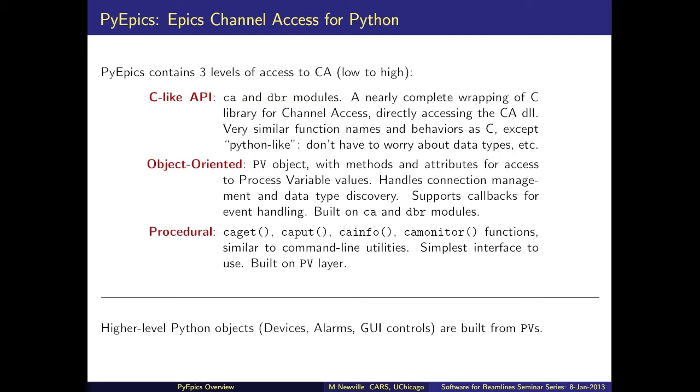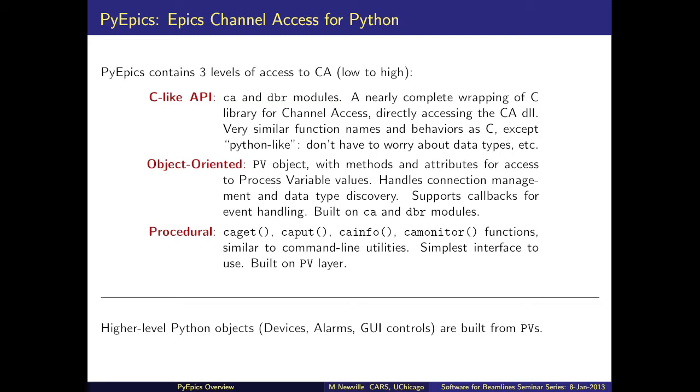On top of that is built a PV object, so that you have an object-oriented, more Pythonic view, where you have a process variable that has methods and attributes and is fairly easy to use. If you're doing any significant programming with Python and channel access, the PV is the right way to go.